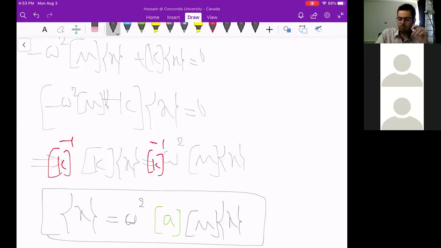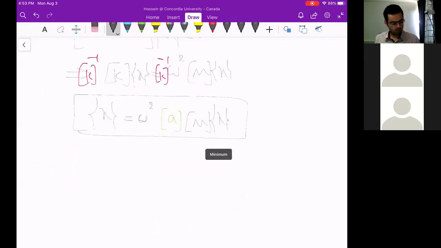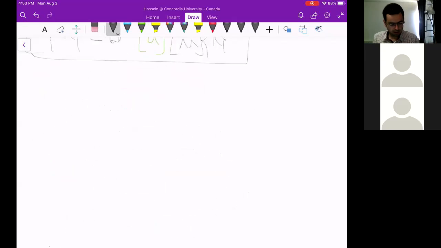Therefore you could obtain the equation of motion in matrix format, with x1, x2, which is just extra information.